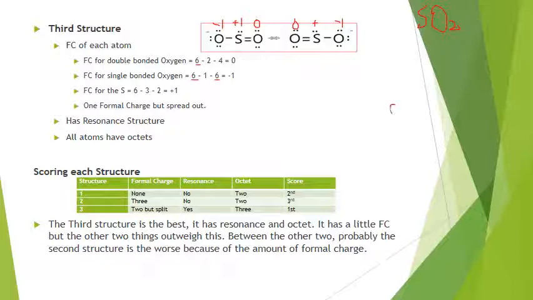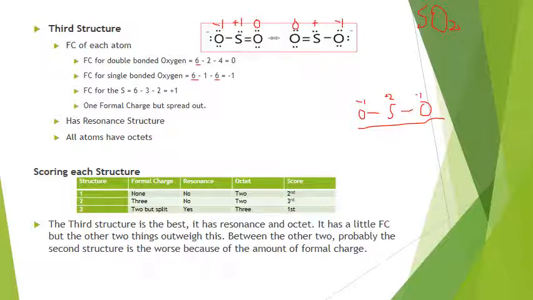So it has formal charge, but it moves. And that's an important thing, because in the previous example, number 2, all these charges were static. And these ones are dynamic.